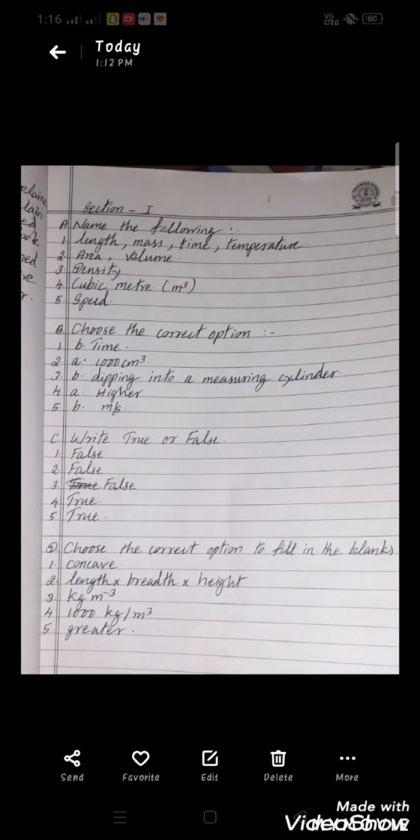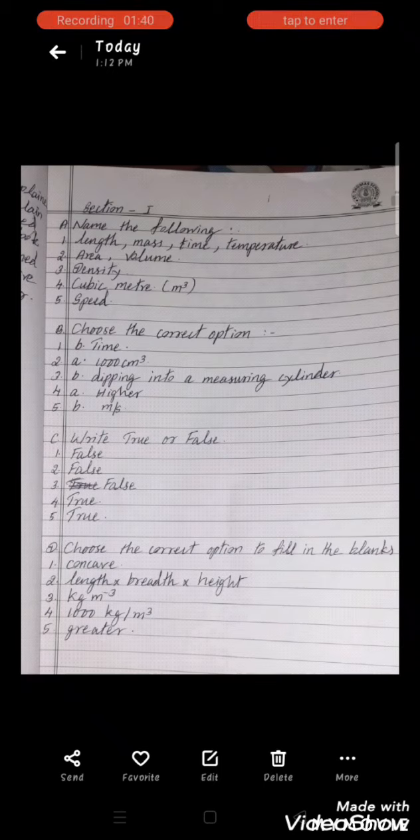So we know the derived quantities are the quantities which are derived from the fundamental quantities. Therefore, two examples we can say area and volume. Area and volume are the two derived quantities.